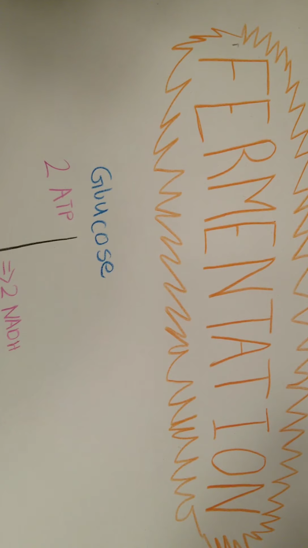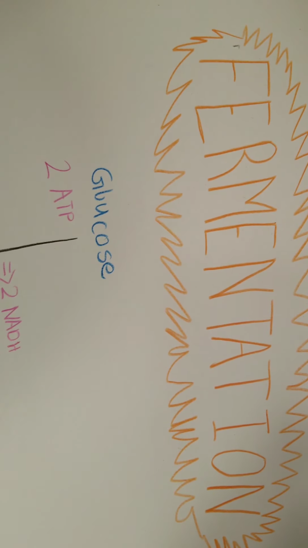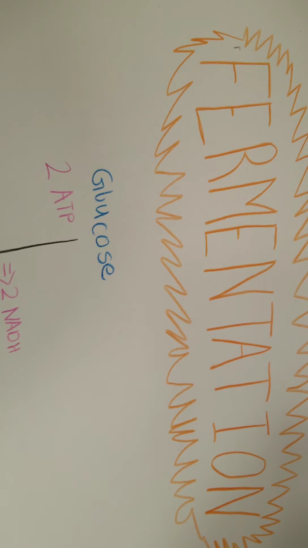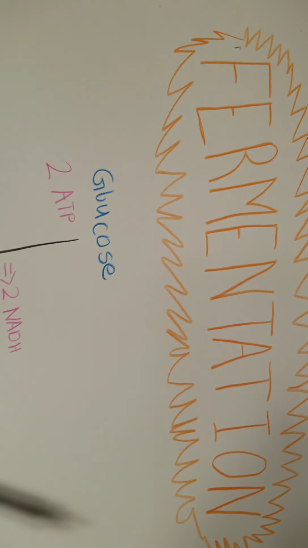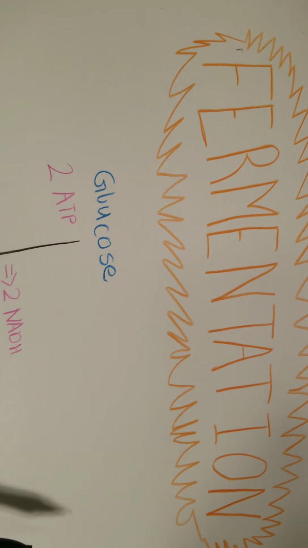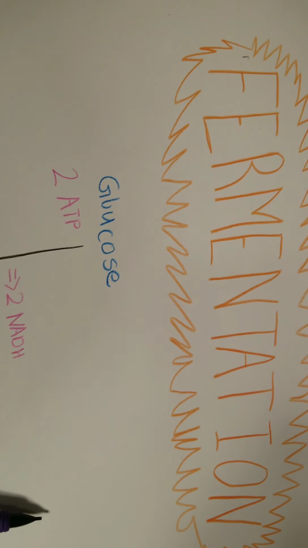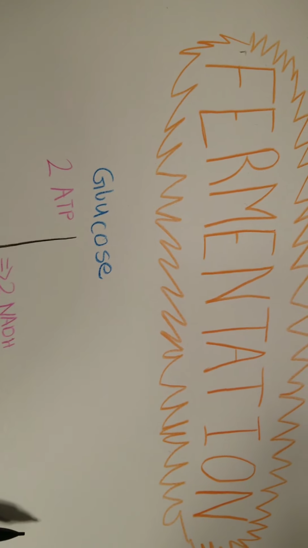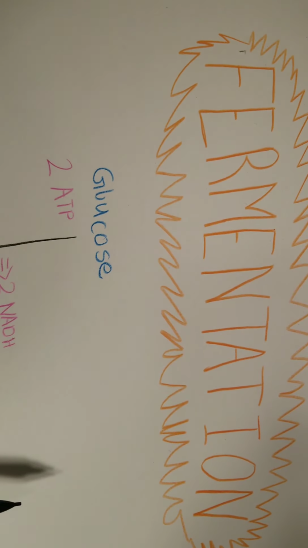Fermentation occurs if no oxygen is present and pyruvate is still made, but fermentation occurs within the cytoplasm. Oxygen is not needed, so it's anaerobic, and all the other ones were aerobic. Anaerobic doesn't require oxygen, and aerobic requires oxygen.